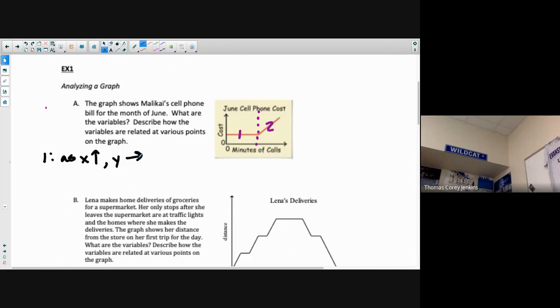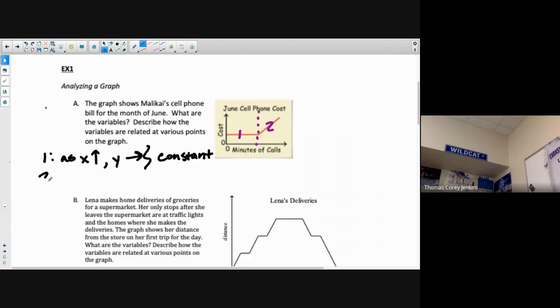So what we actually call that is a constant interval. If we're thinking about a slope of a line, that'd be a 0 slope. Constant means a 0 slope.